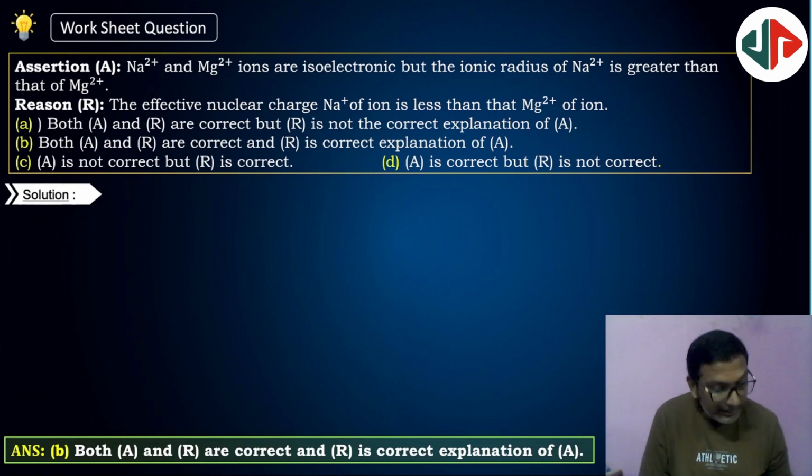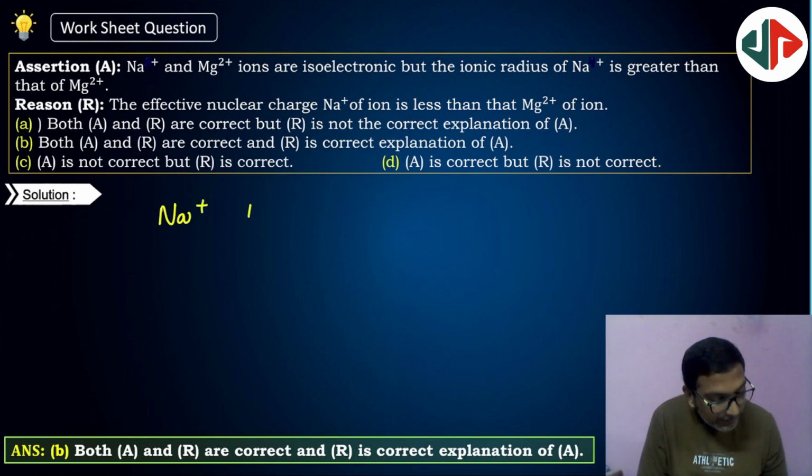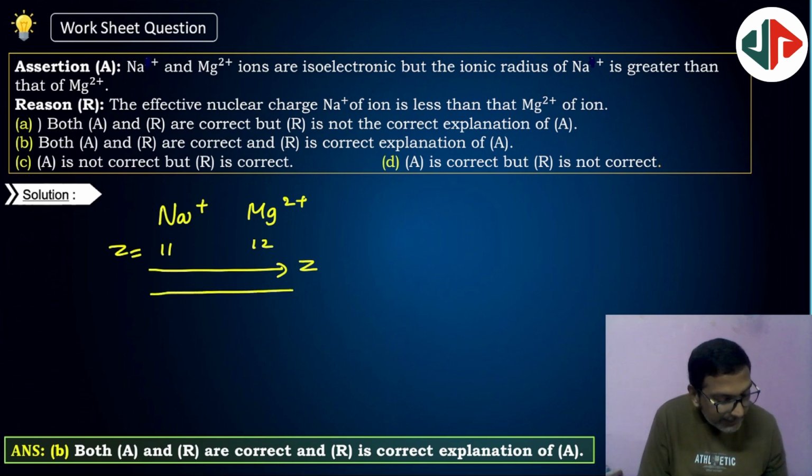So here Na plus, the plus should be there. Na plus and Mg2 plus ions are isoelectronic, but the ionic radius of Na plus is greater than that of Mg2 plus. In isoelectronic species, Na plus and Mg2 plus, the atomic number is 11 and 12. So atomic number increases in this order, but size decreases in this order.